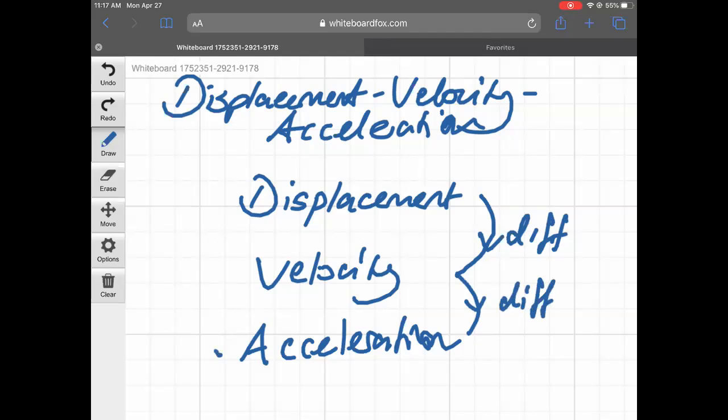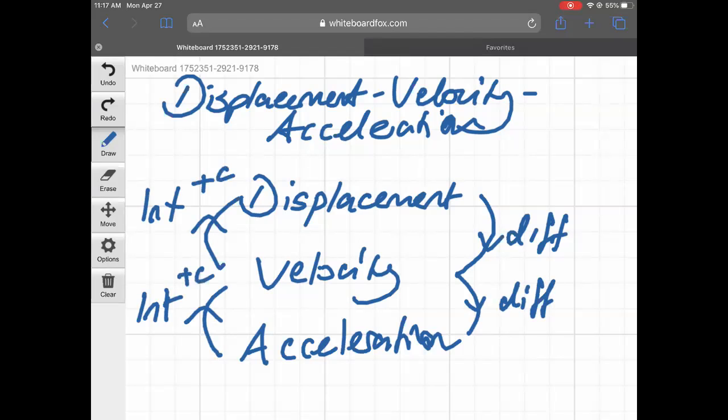And of course then, to go the other way, I must integrate, because integration and differentiation are opposite. So you have to know that. That has to be burned into your head. Don't integrate when you should differentiate, and don't differentiate when you should integrate. And when we're integrating, we'll need to consider our constants of integration.